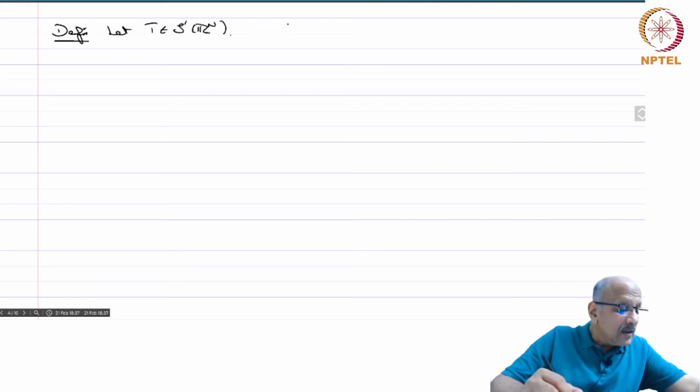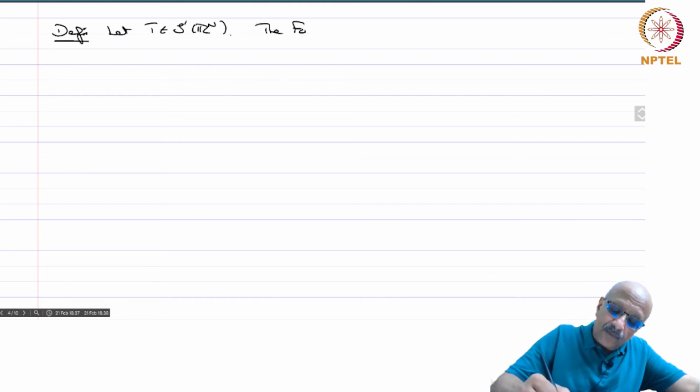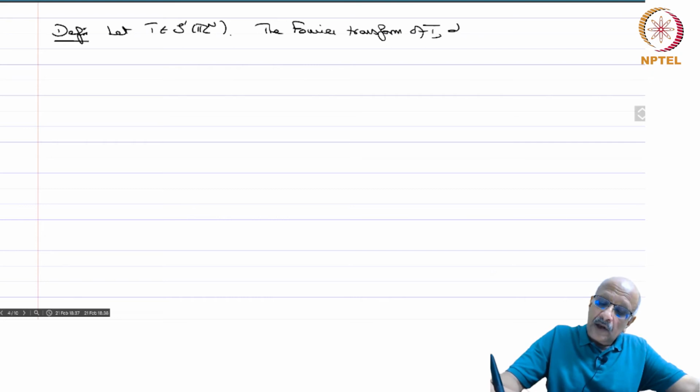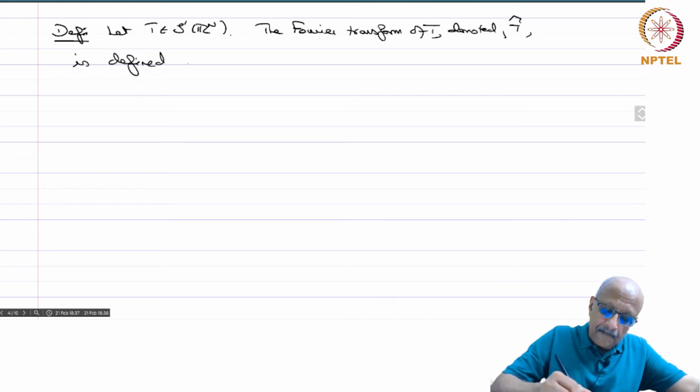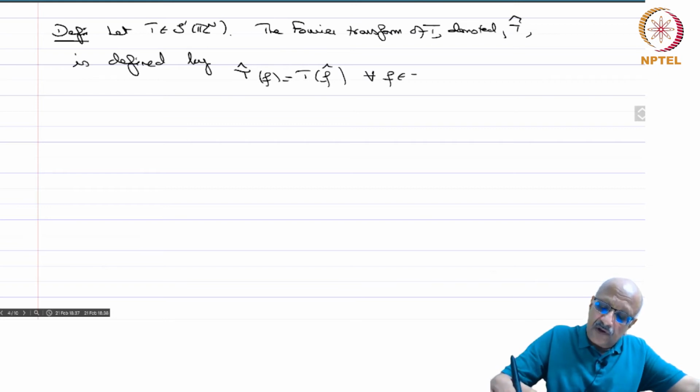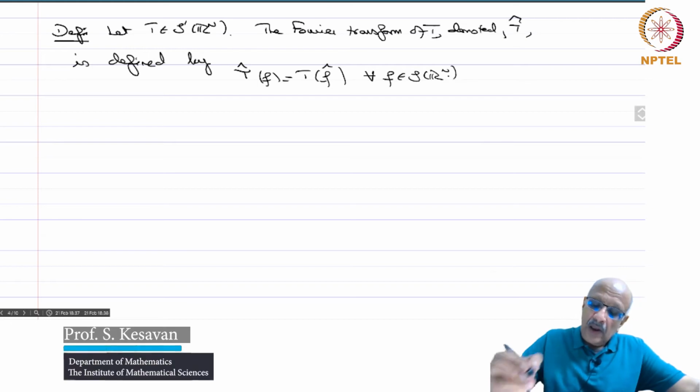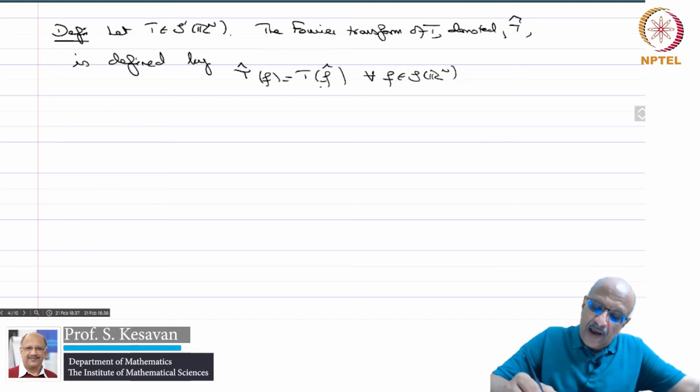Okay, then the Fourier transform of T, denoted T hat, is defined by T hat of f equals T of f hat for every f in S(R^n). So if f is in S(R^n), f hat is in S(R^n) and T is in S', and therefore this makes sense.